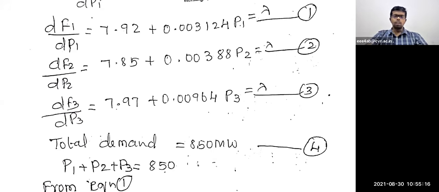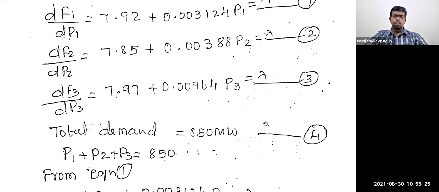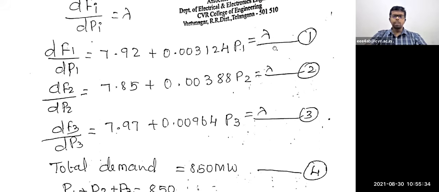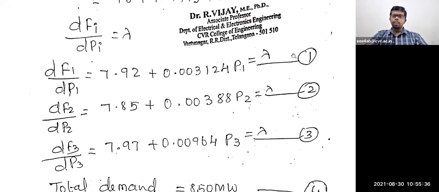You have to go back to your 8th standard mathematics and solve these equations. That's all. Okay, so now this part is over. Next you have to play with your mathematics. So from equation 1, you have to take this P1 outside.